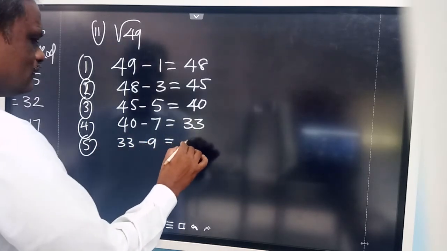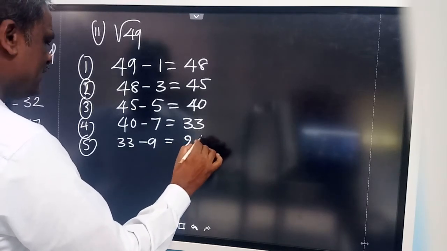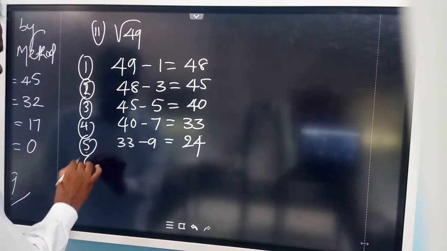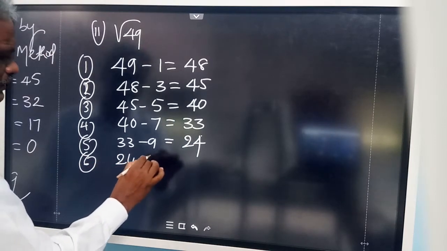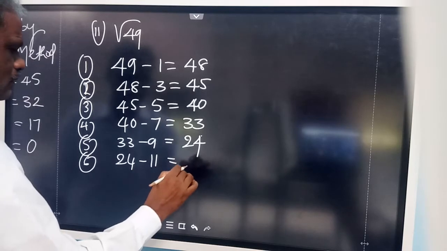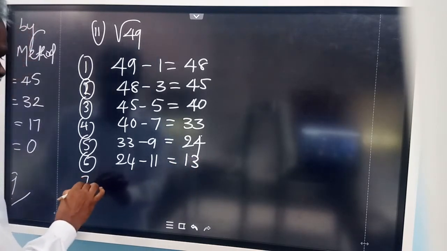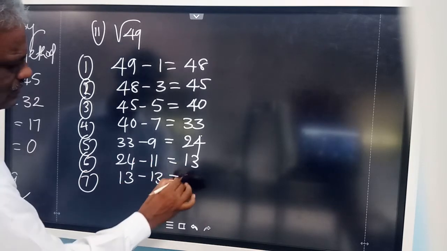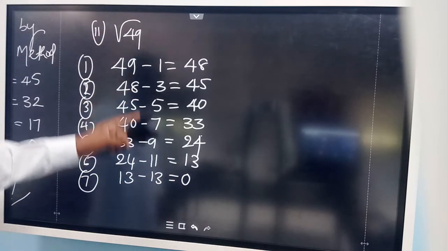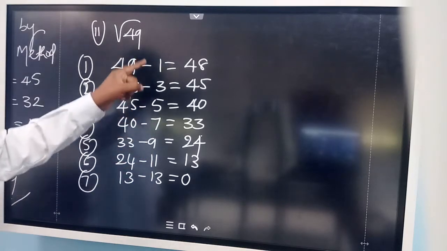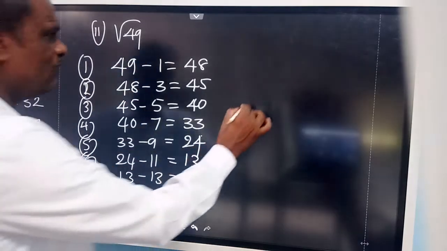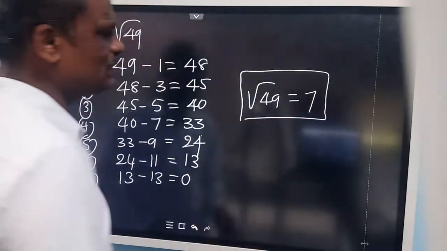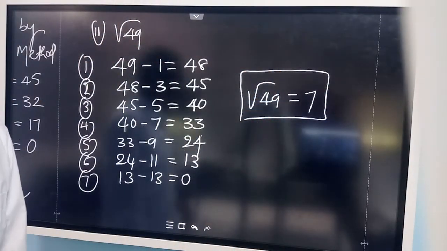What is the answer? 24. Sixth one, 24 minus 11, 13. Next, seventh step, 13 minus the next number, 13. So we subtracted 7 odd numbers. Therefore, square root of 49 is 7. So this method is called the repeated subtraction method.